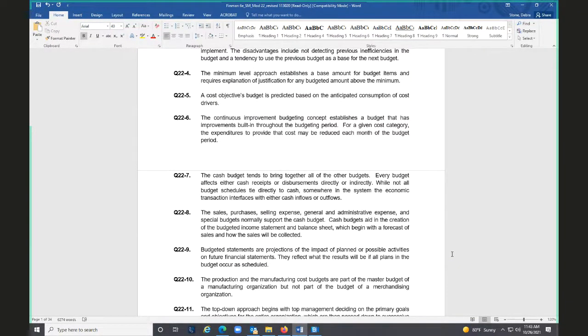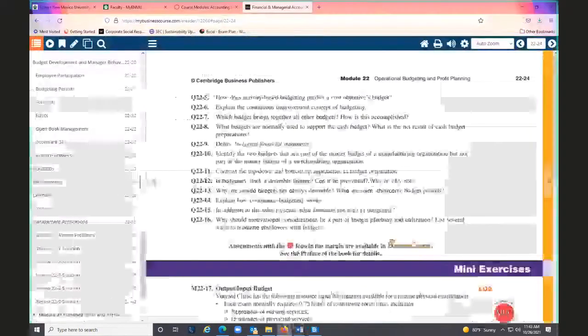Cash budgets help in the creation of the income statement, which begins with a forecast of sales and then how it will be collected, because you want to know where your cash is coming from, basically. And the budgeted statements are projections of the impact of planned or possible activities on future financial statements.